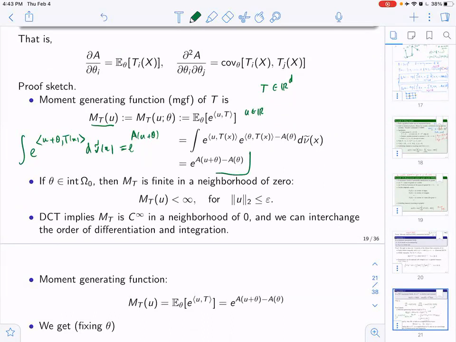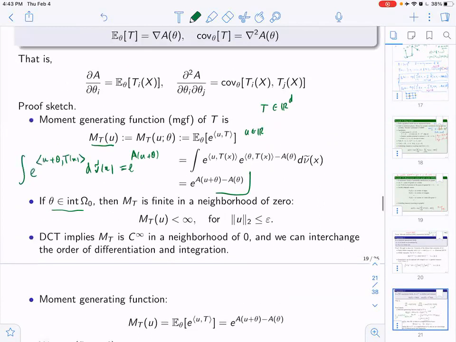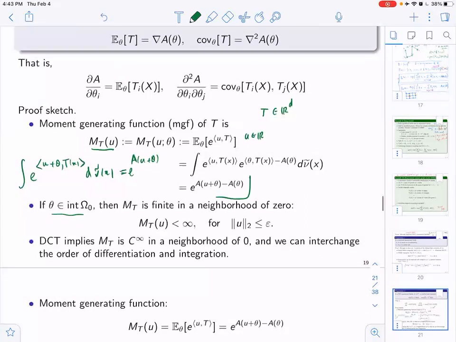And there is this result that if theta is in the interior of the domain, this is the assumption, then M is finite in a neighborhood of 0. The reason it's finite is because this is finite if I take u small enough.